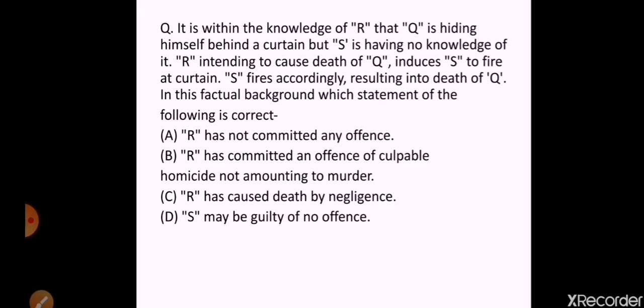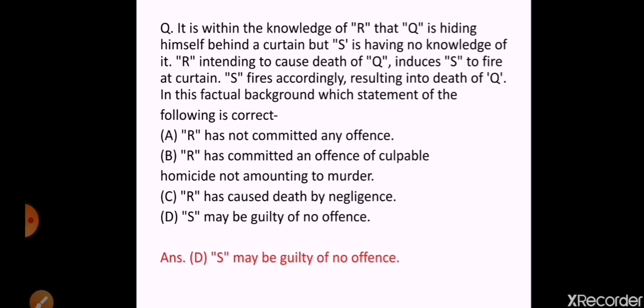So the correct answer is option D, that S may be guilty of no offence, but R has committed the offence of culpable homicide. Here the option has not been given that R has committed the offence of culpable homicide, so option D will come.